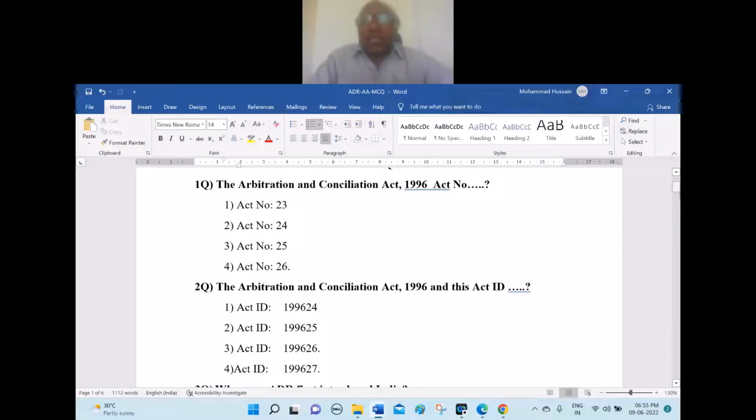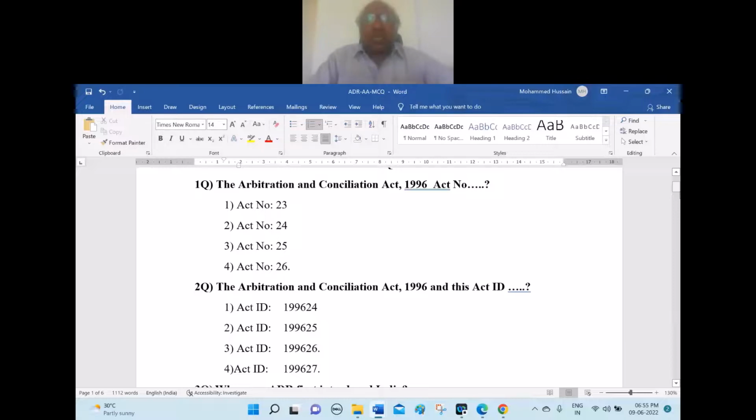That is the Act ID, meaning identification. I did not know every act has an ID. The first time I saw it, there is an ID. The identification goes with the year in which the act is made, followed by the act number.